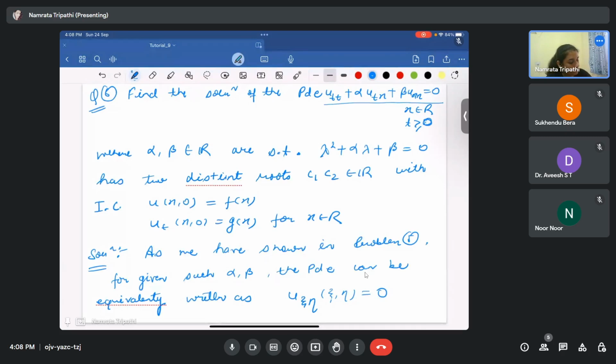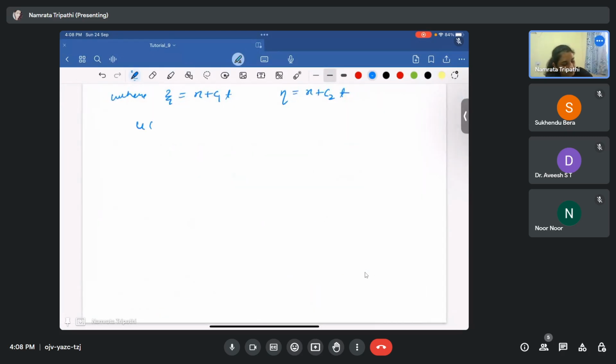Let's say some function phi1 of xi. When you integrate with respect to xi, eta will be constant, and when you integrate with respect to eta, xi will be constant. So you will get this expression for u xi eta. Fine. Is it clear?